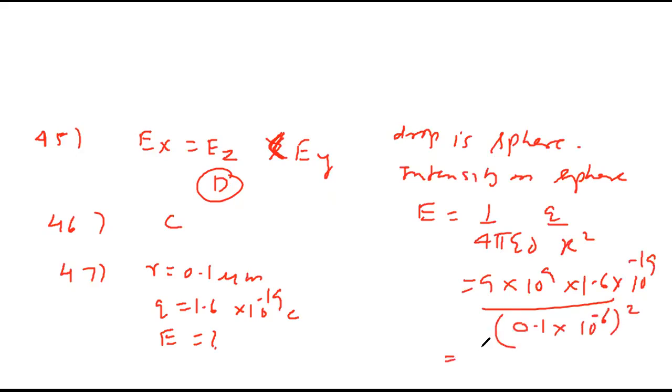1.6 into 9 is 14.4 into 10 raised to minus 10 upon 10 raised to minus 7, that is minus 14. So this will become 14.4 into 10 raised to plus 4.